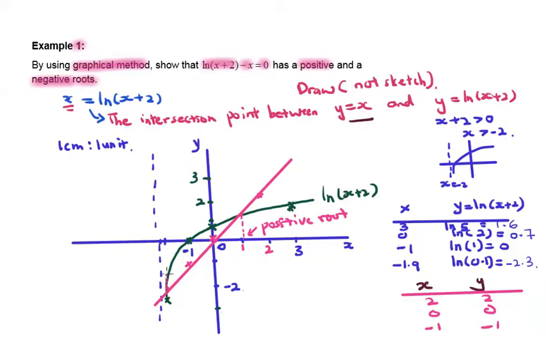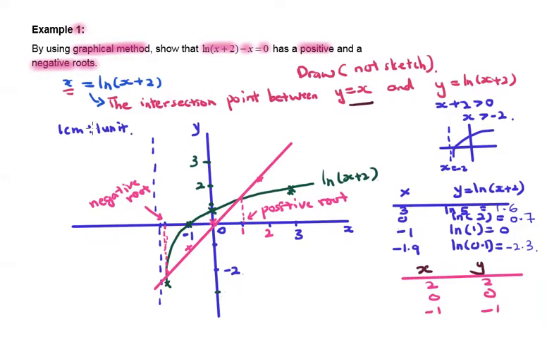This is the negative root. That's how we show that this equation has a positive and a negative root.